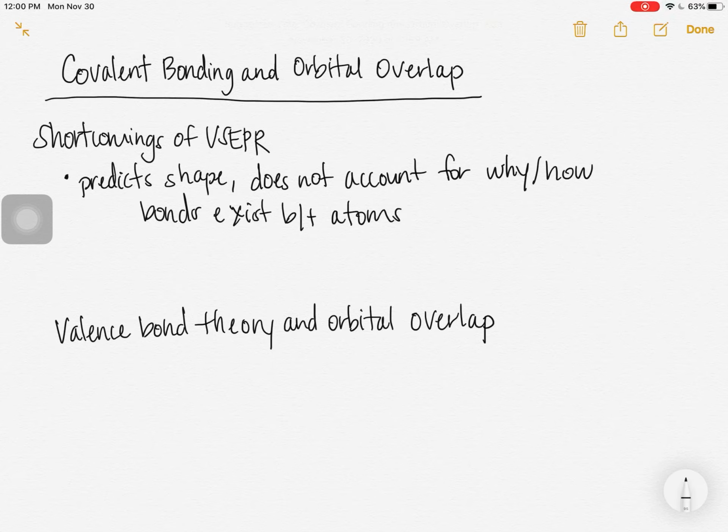So this idea of orbital overlap is a little bit of an explanation into why bonds exist.